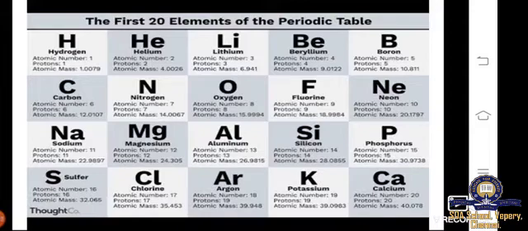So these are the first 20 elements present in the periodic table.